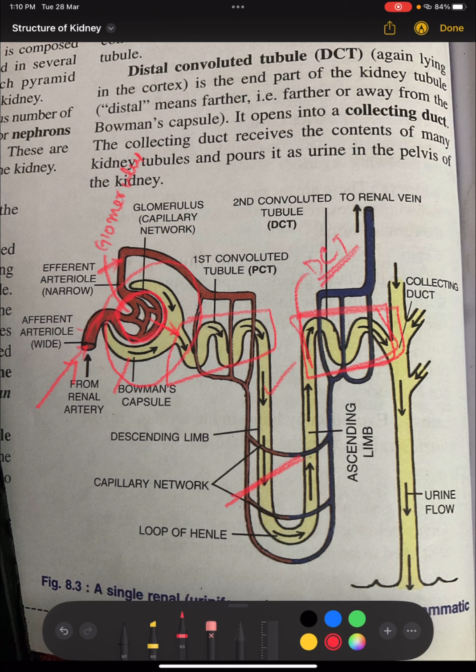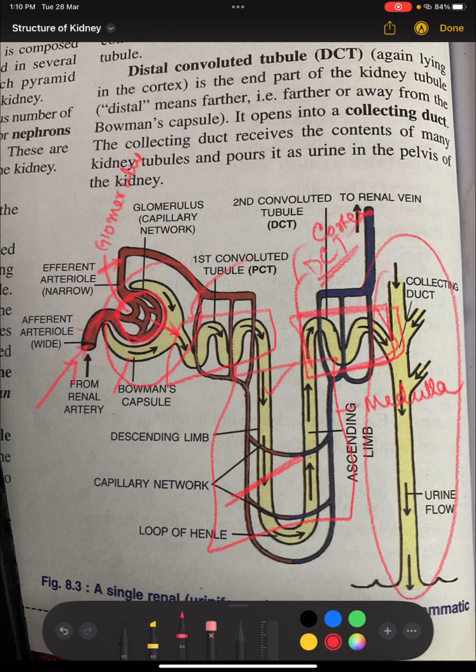We call it DCT, the distal convoluted tubule, which lies in the cortex, while this U-shaped part only lies in the medulla. DCT, PCT and glomerulus all lie in the cortex region. Remember, distal means away, farther from the Bowman's capsule. Again, this long part is the collecting duct.